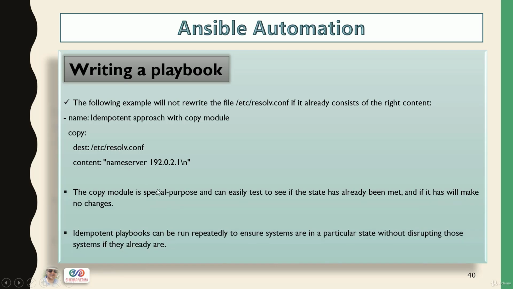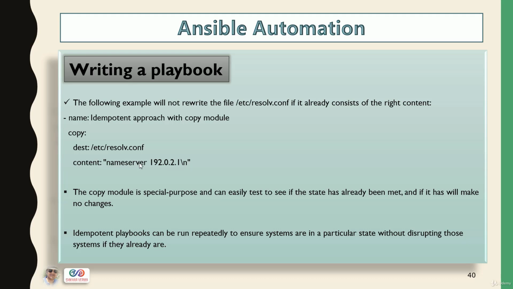The copy module is special purpose and can easily test to see if the state has already been met. Suppose the first time I run this, it is going to put the content. Second time, I run the same playbook again. If it finds that the same content is already there in the file, it is not going to edit the file.